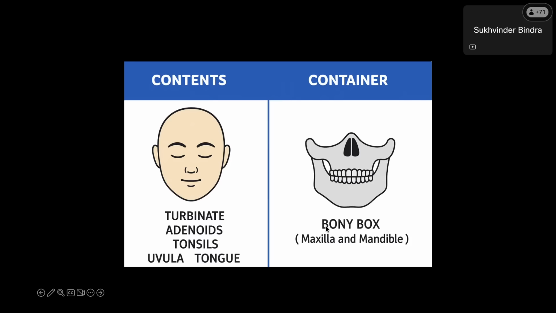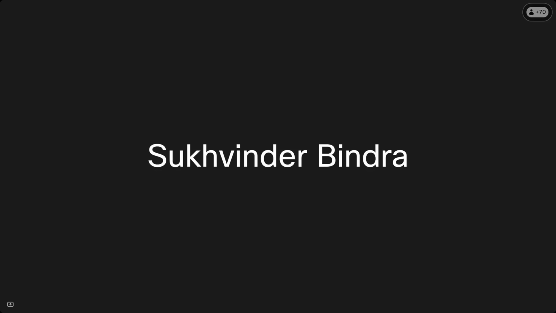But there has been a paradigm shift. The latest Stanford protocol advocates that if there is a complete concentric collapse of the lateral pharyngeal wall and the patient has dentofacial deformity, maxillomandibular advancement and distraction osteogenesis maxillary expansion can be the first choice of surgery as a skeletal procedure.